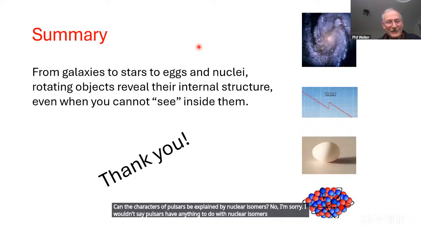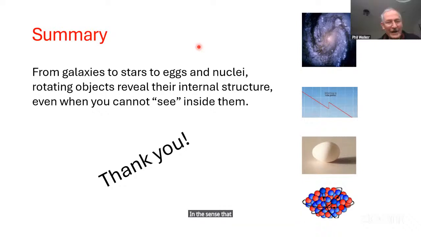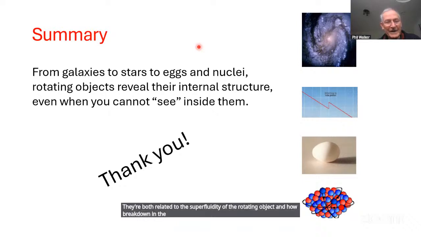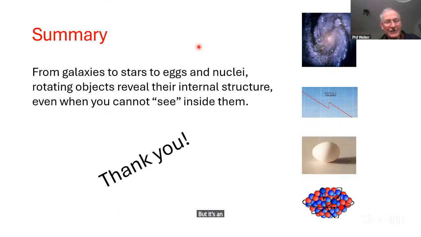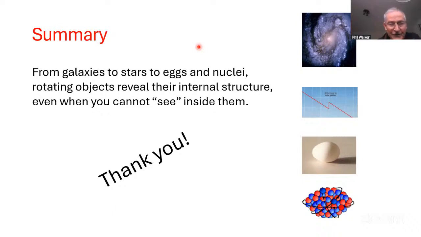I think the comparison with nuclear rotation is quite good, in the sense that they're both related to the superfluidity of the rotating object and how breakdown in the superfluidity modifies the way that the rotation occurs. But it's an analogy, right? The systems are too different to say it's the same process.